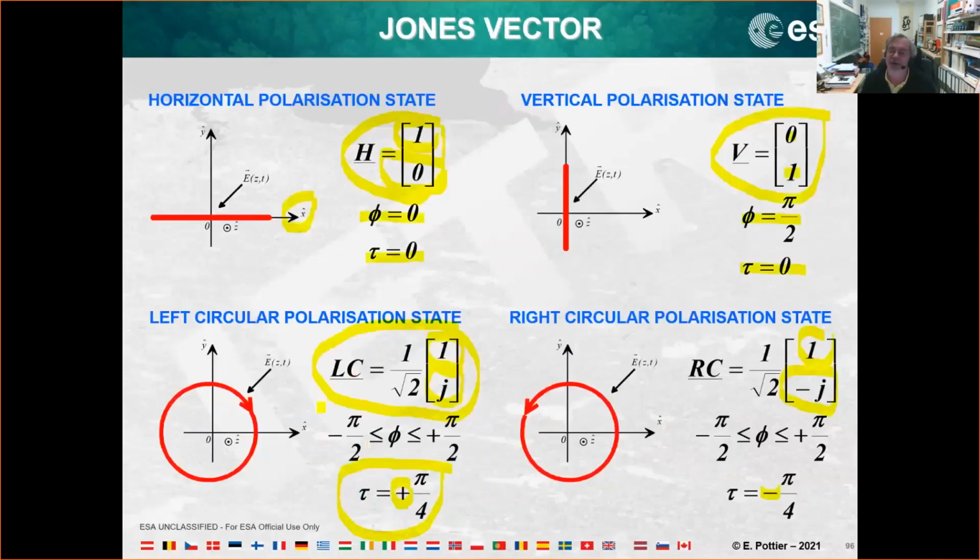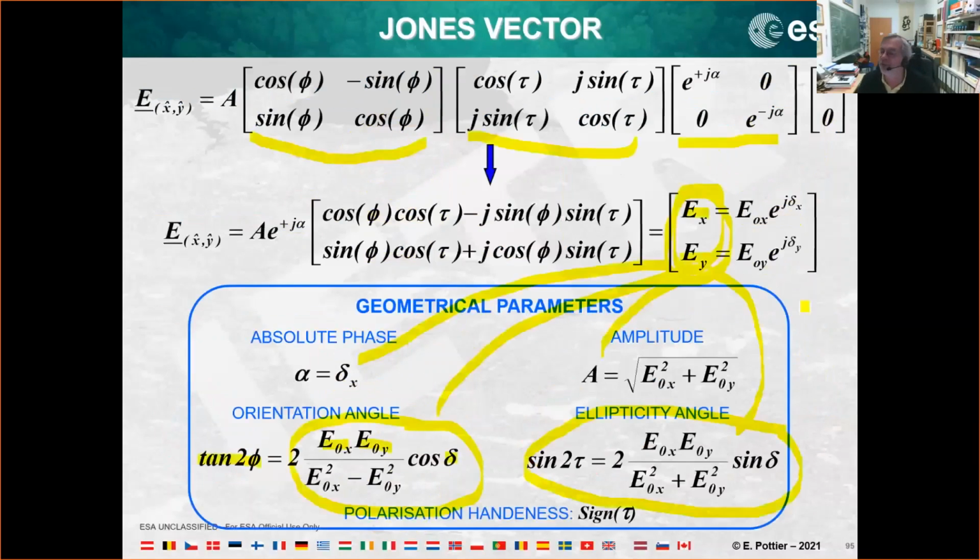Vector. When you are going to calculate the amplitude of the circular, okay, I'm going to take this. Okay. So it will be 1 over square root of 2 squared plus 1 over square root of 2 squared. So it will be 1 over 2 plus 1 over 2 equal 1.